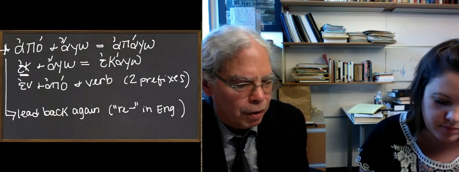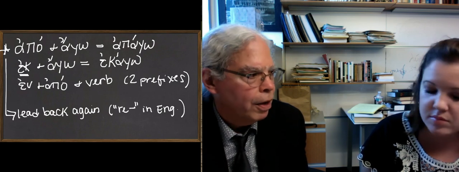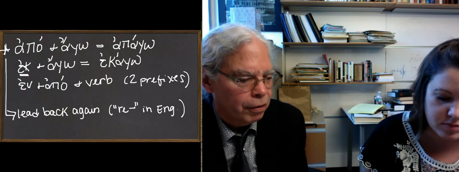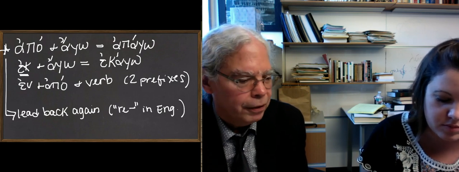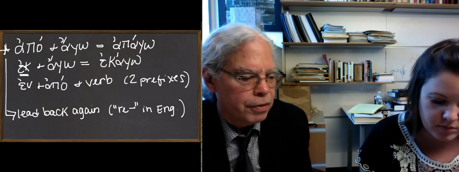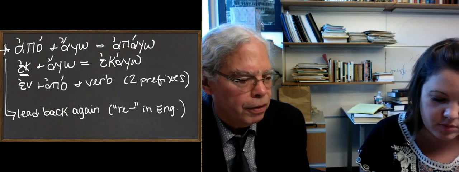But here's the simple rule about these verbs that you need to know. I gave you one of them: when the preverb ends with a vowel, that vowel just goes away if the verb begins with a vowel, like apo plus ago. You just lose the o. The other two rules are these. The accent never goes beyond the verb.